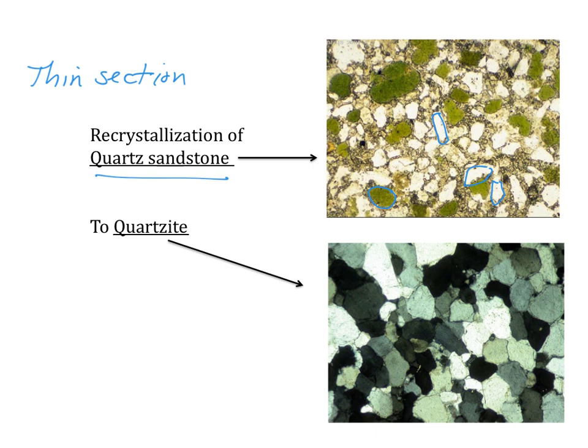Once a quartz sandstone goes through an episode of metamorphism, it becomes the rock quartzite. So quartzite has then experienced this recrystallization, and we can see that in the texture of the minerals.